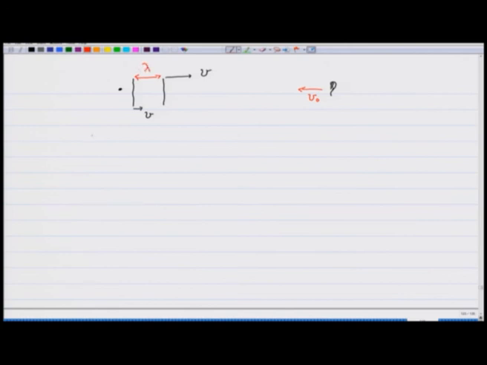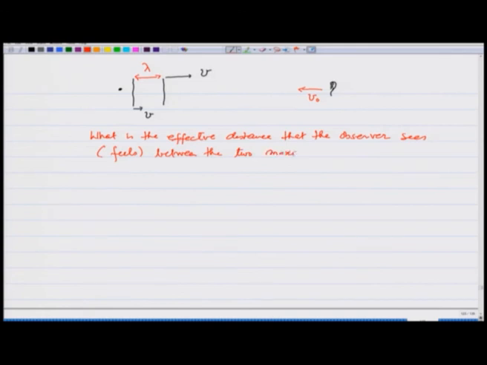So, the question we are asking is, what is the effective distance that the observer sees or feels between the two maxima. And I need one more thing for this, that these two are emitted at time interval t.